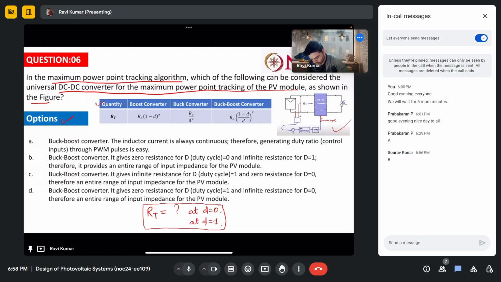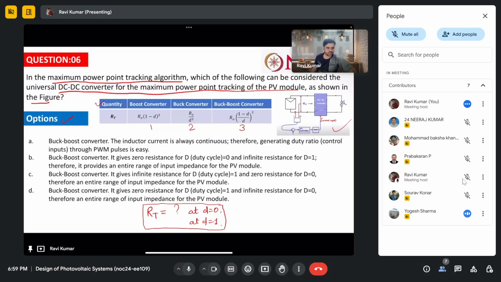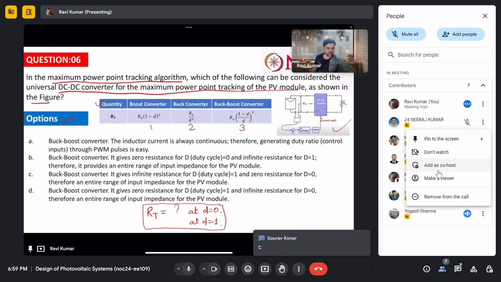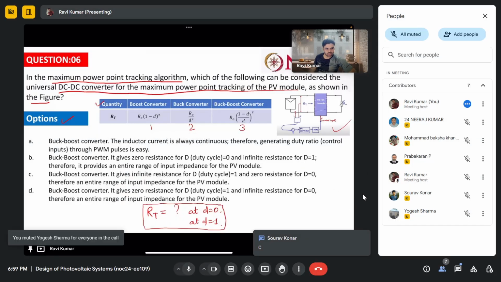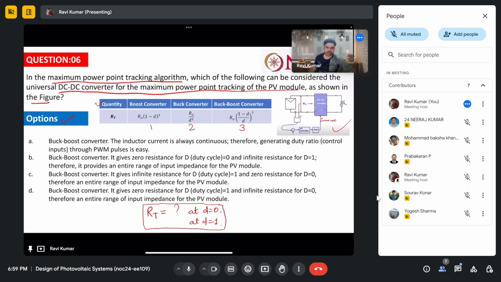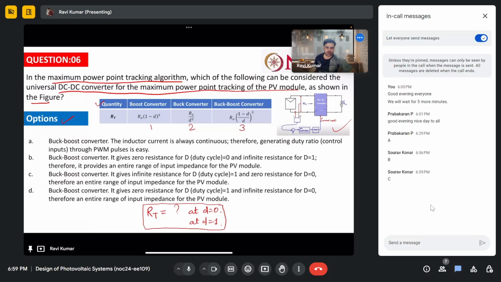Okay, just tell me which relation will you use? This, this, or this? Saurabh, you are right. C. Now put the value of D as 0 and 1 and tell me the value. Okay, Saurabh said C.